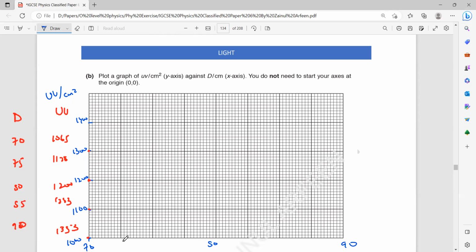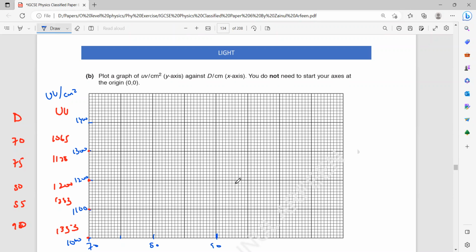Here this will be 72.5. You could do it the other way around as well, but we don't have to start from 0, 0, so we can take any value. If I took this as 70, this will be 80, and this will be 90.